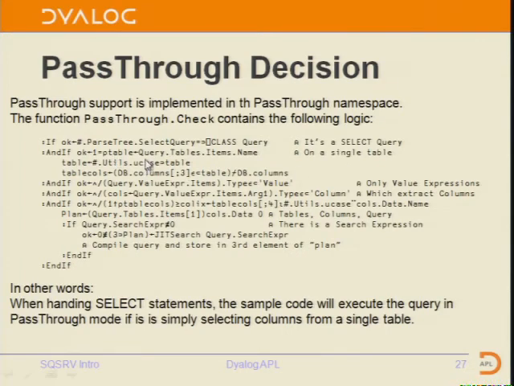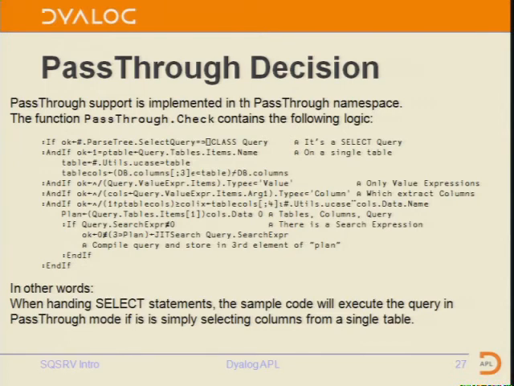Okay, so this says 1 equals row query.tables.items.name. So that's saying, well, it's a query on a single table. I get the uppercase of the table name. I then go into my own little data dictionary and get the columns.